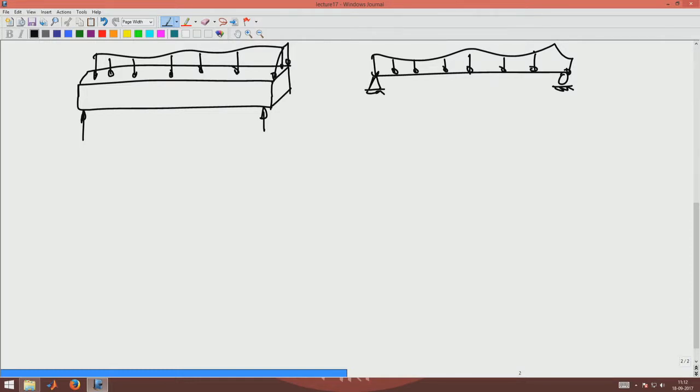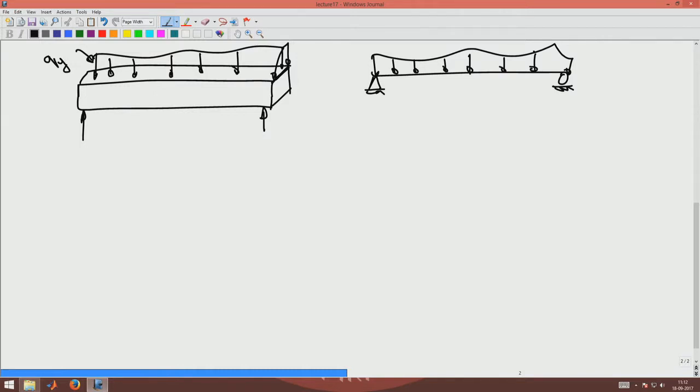Across this dimension, the load is uniformly distributed, but the load can vary across the length of the member. Along the axis of the member, the load can vary, but it is uniform across the width of the cross section. So, this loading is given as load per unit length. This load denoted by Q of y is given as load per unit length.